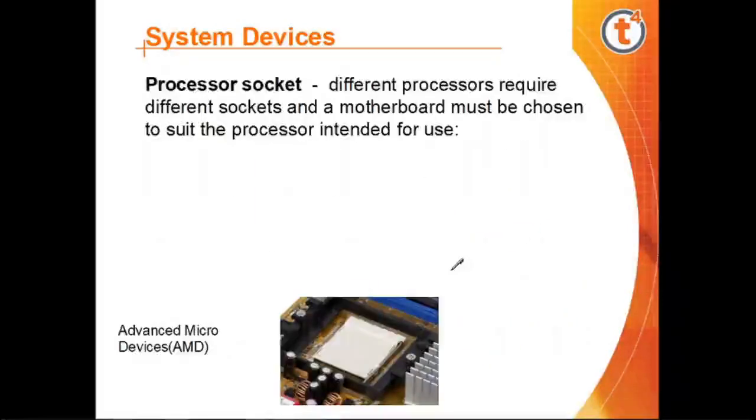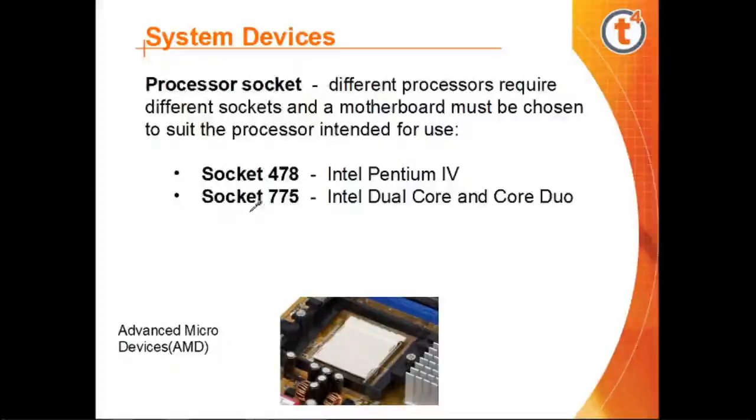Next are processor sockets. Different processors require different sockets, and a motherboard must be chosen to suit the processor intended for use. Some socket names are given here: socket 478, socket 775, socket 754.